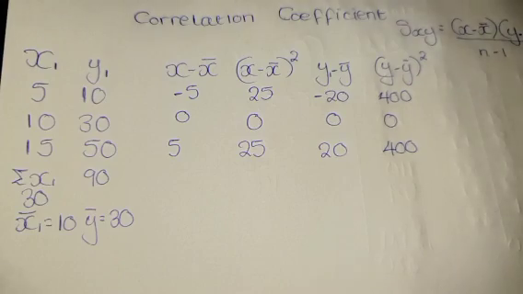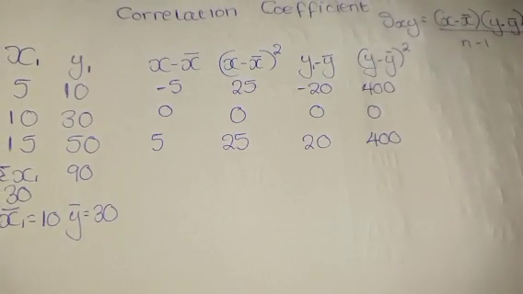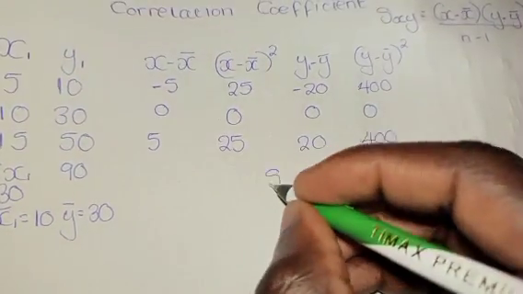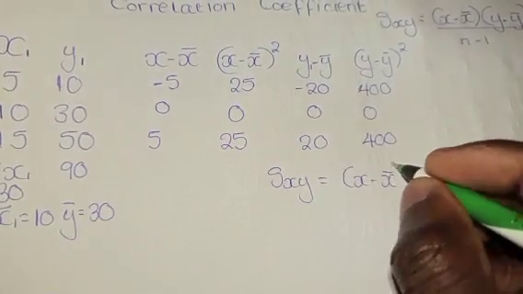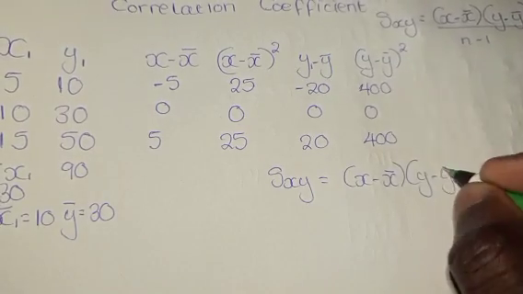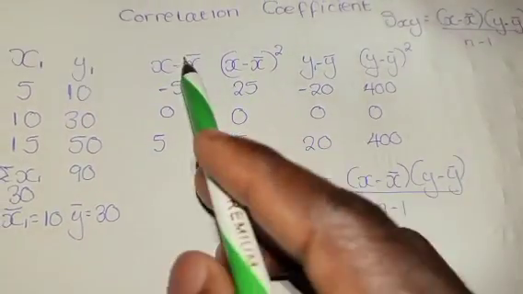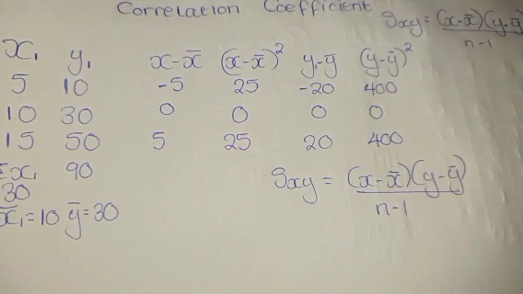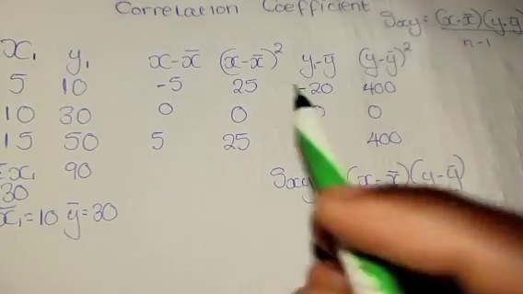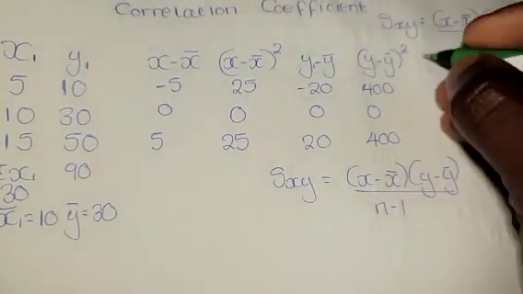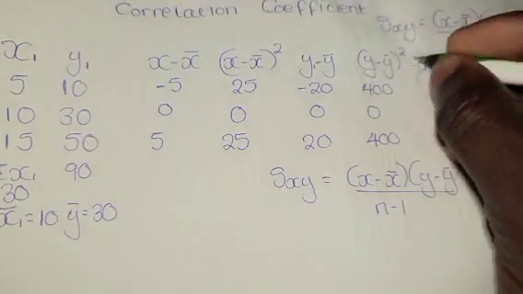Now that we have that, for us to calculate the correlation coefficient, we have the formula here. The formula is S_xy equal to the sum of (x minus x mean)(y minus y mean) divided by n minus 1, where we add the resulting outcome. For you to get this, you need to multiply, so we multiply this times that, and we have the last column.